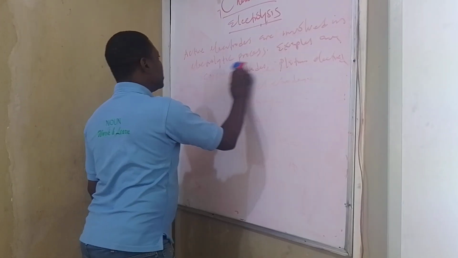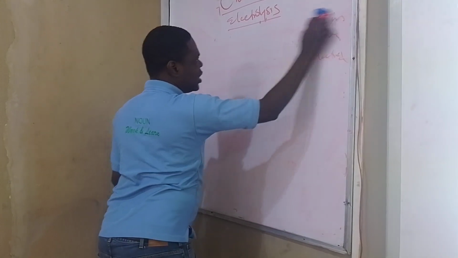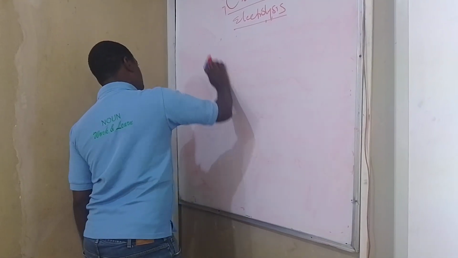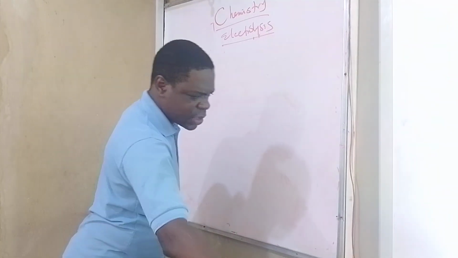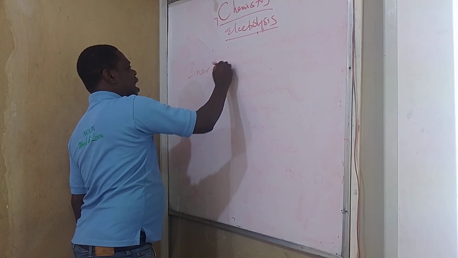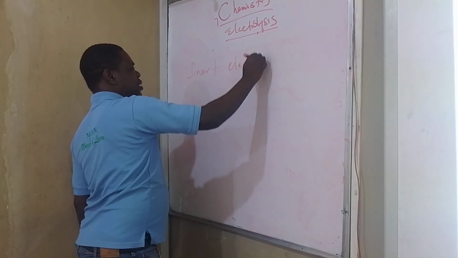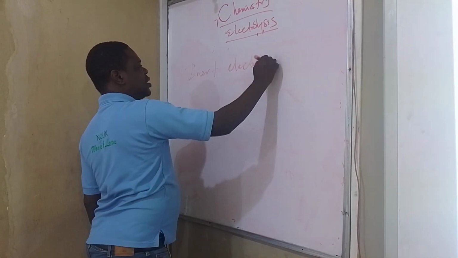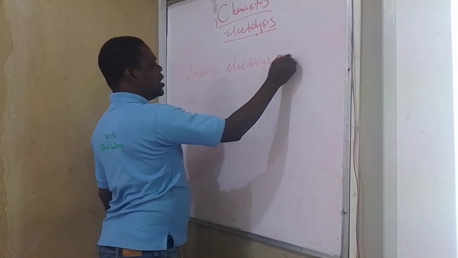The next one is inert electrodes. Inert electrodes are also called passive electrodes. They don't take part in an electrolytic process.